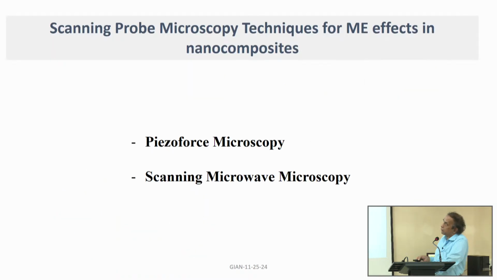Okay. Then I just mentioned that you can also do converse magnetoelectric effect using a scanning probe microscope. How many of you are familiar with scanning probe microscopes? Okay, all right. So it's the scanning probe microscope for thin films.